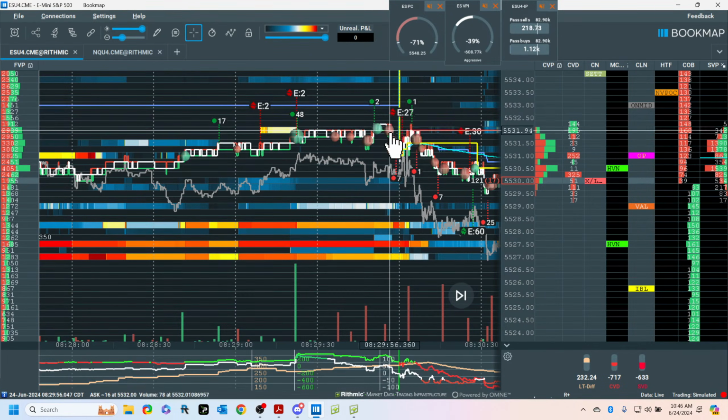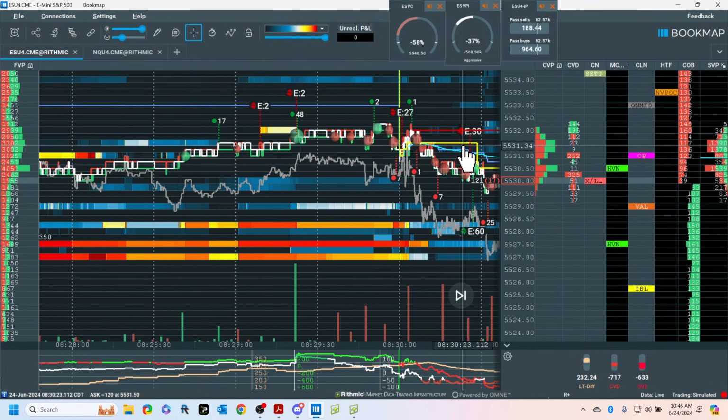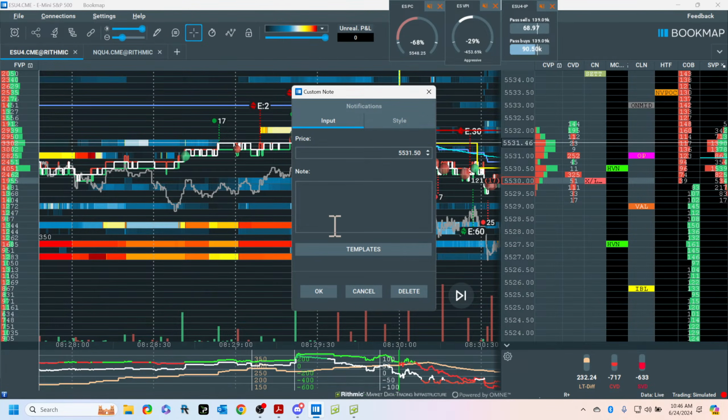This is called a variable high volume node. I made these up when I was first doing this. I learned market profile initially from Peter Stottlemyre at the CBOT. And I really thought I landed on Mars with that thing.